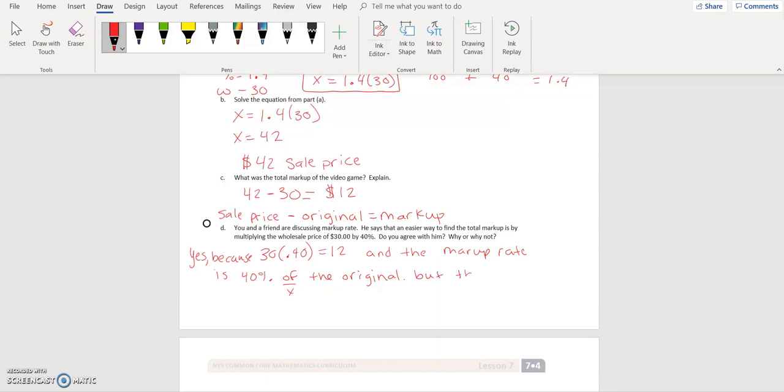But this only gives me the markup, not the total price.